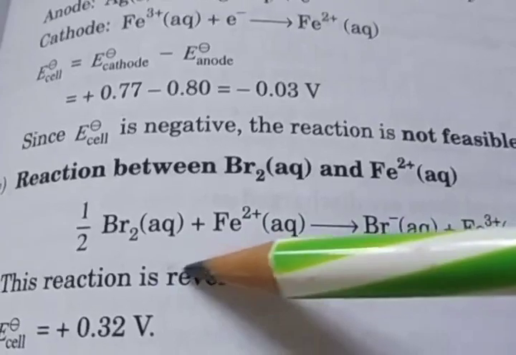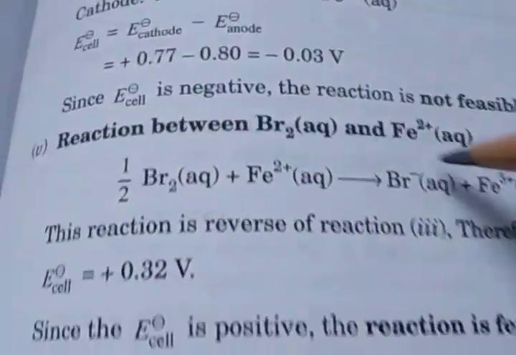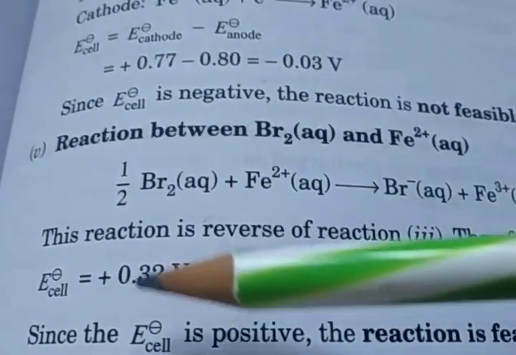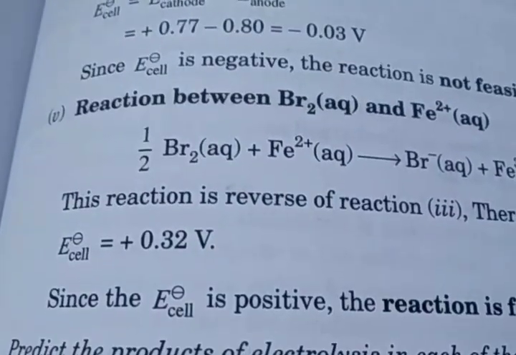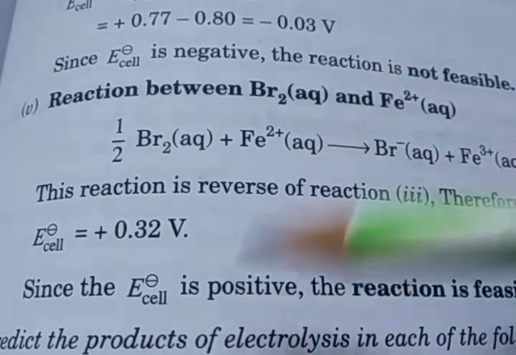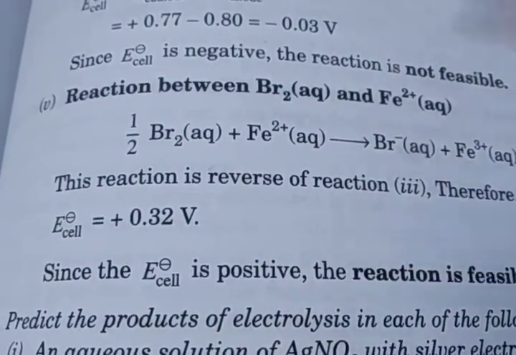The opposite way, fifth, is bromine and Fe2+, so the reaction is reversed, which means plus 0.32 volt. So this reaction is feasible because the E cell potential value is positive.